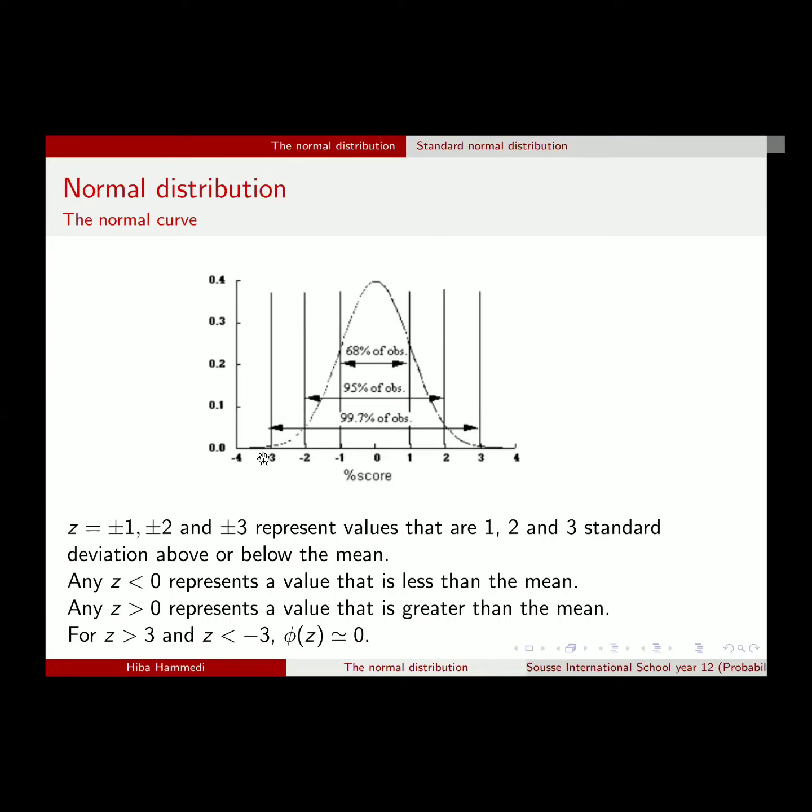As you can see from the graph, it's very close to 0. This is why we have this remark. Sometimes in exercises they will ask you whether an event is likely to happen or not, so you need to remember this remark.